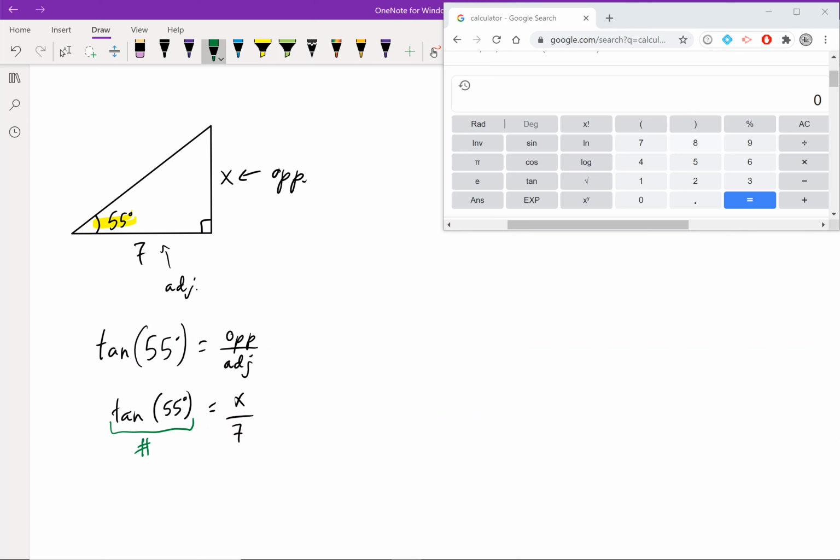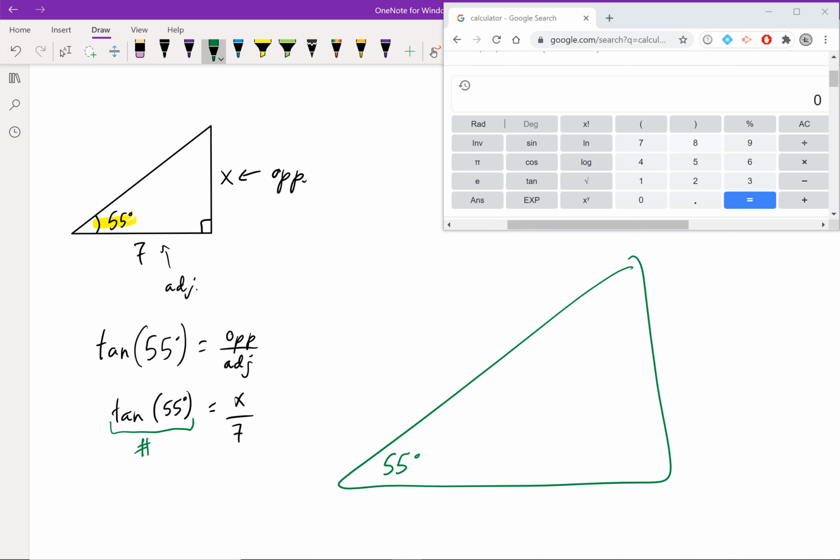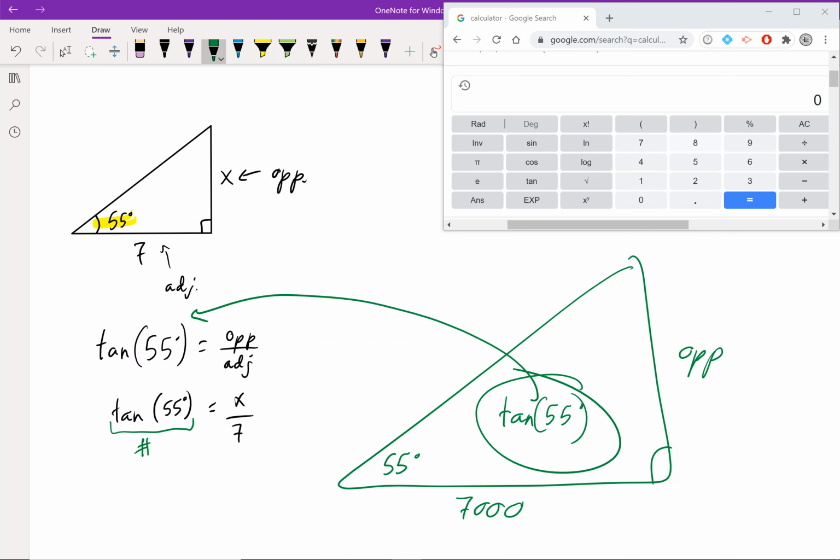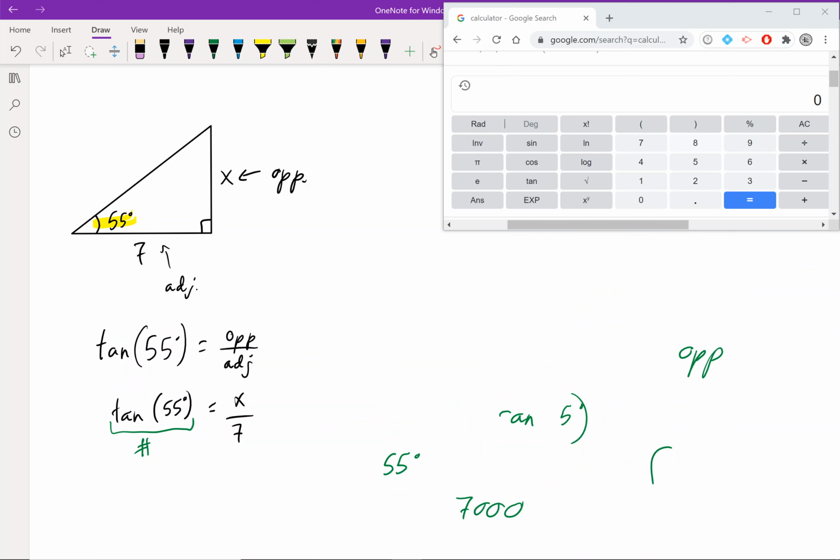So whether we're looking at this specific 55-degree angle or a giant 55-degree angle, maybe 700 or 7,000, the ratio between the opposite side and the adjacent side, tangent 55 in green and tangent 55 over here in black, are exactly the same. What I'm getting at is that your calculator can just tell you what that number is.